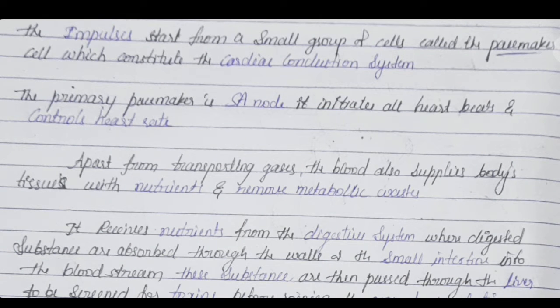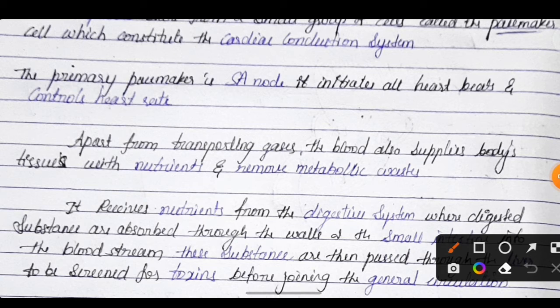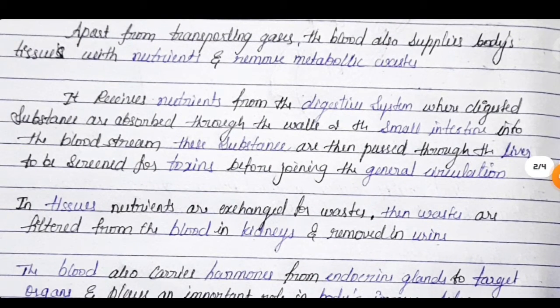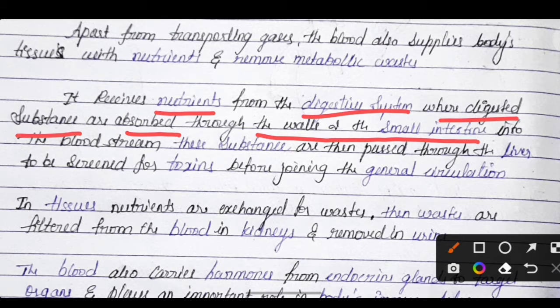Apart from transporting gases, blood also supplies the body's tissues with nutrients and removes metabolic wastes. It receives nutrients from the digestive system, where digested substances are absorbed through the walls of the small intestine into the bloodstream.